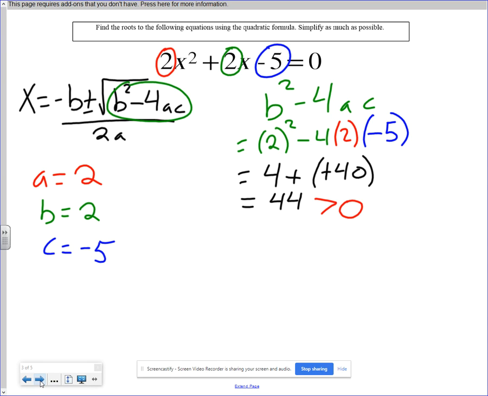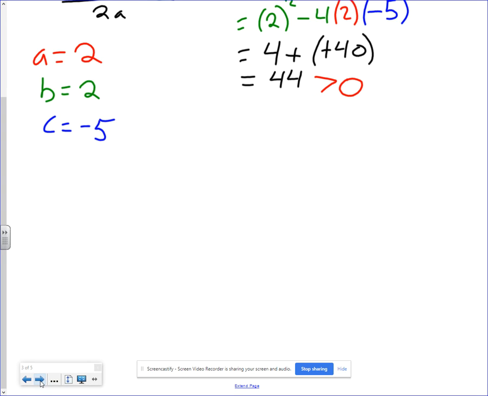So let's go ahead and find those roots real quick. Using our quadratic formula now, we'll have x equals, so we'll have the opposite of b. B is 2, so negative 2 plus or minus the square root of, we've already found the discriminant, and since we have it under our square root, we can just go ahead and put that number in, that 44.